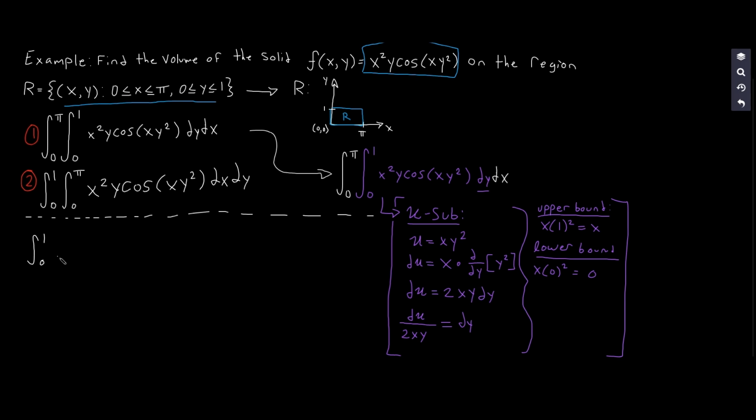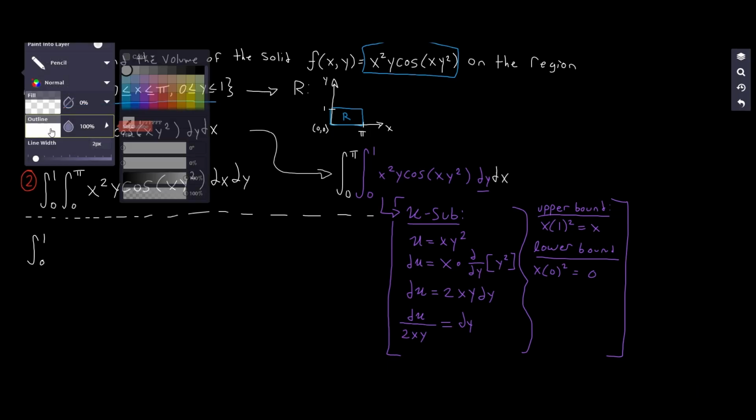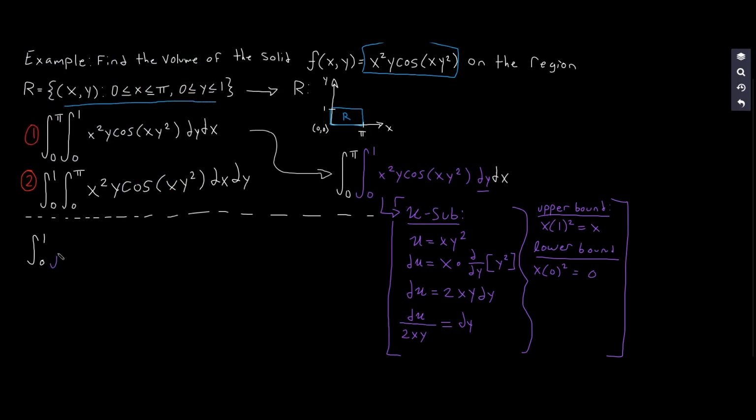The integral from 0 to 1 for the integral, which has new bounds, is from 0 to x. We just did u substitution, so x squared gets left alone, y gets left alone. Cosine of u is the only thing that changes. Times dy dx.